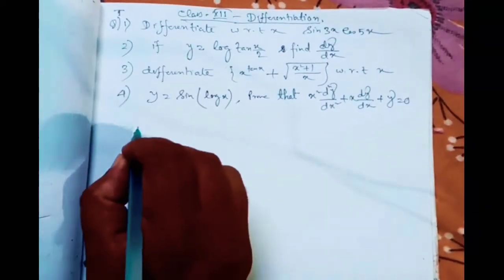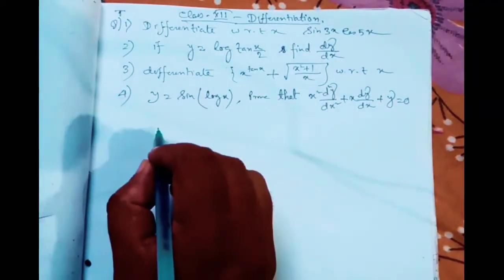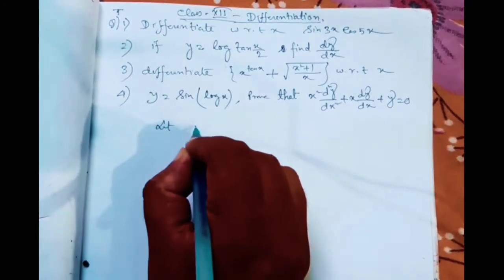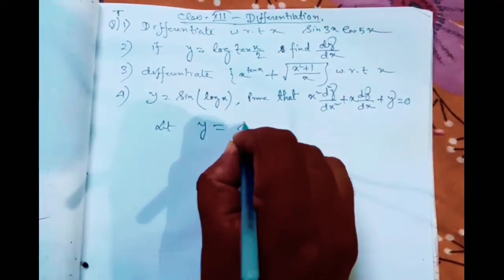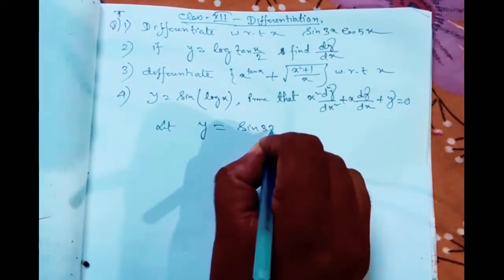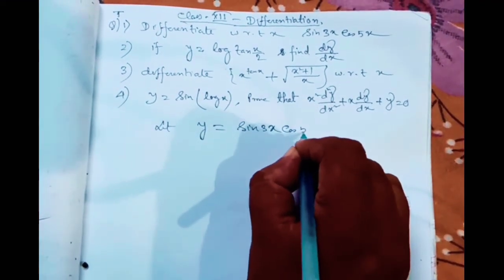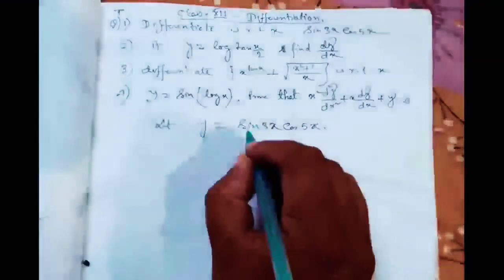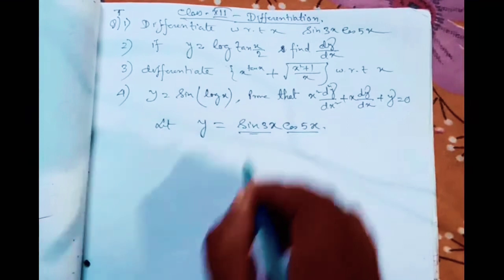So here comes the first question. It is told to differentiate with respect to x. For that, let y is equal to sin 3x cos 5x. Okay, so these both are functions of x.